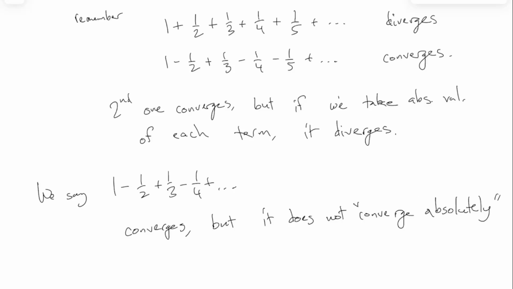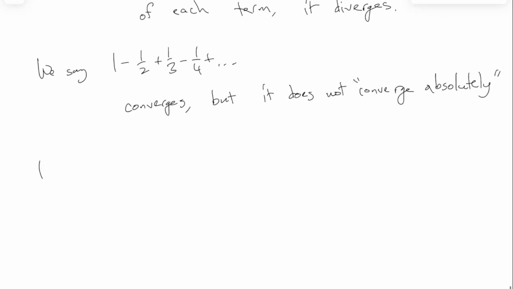What I mean by that is it does converge, but if you were to take the absolute values, then it would not converge. And that's what absolutely means. Absolutely meaning if I were to take the absolute values, then it doesn't converge anymore. All right? So here's a technical definition that I will write.